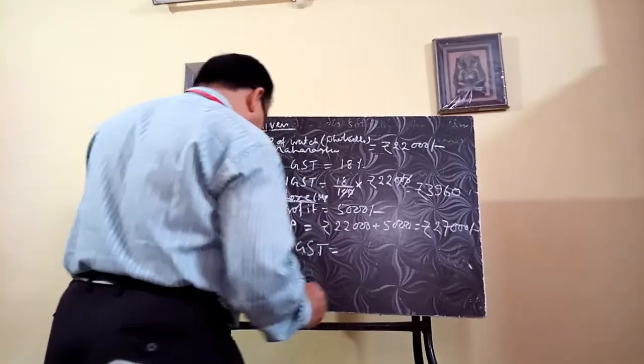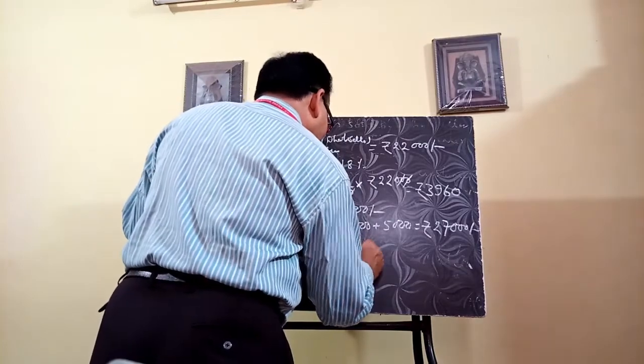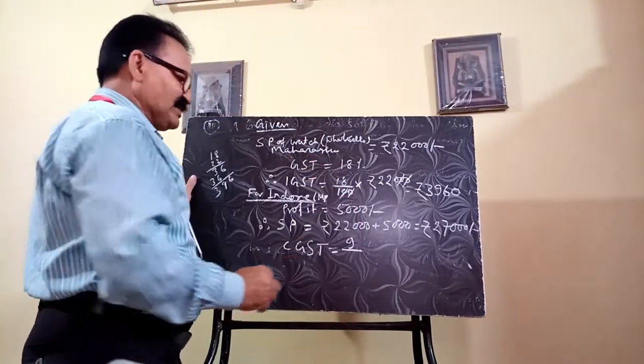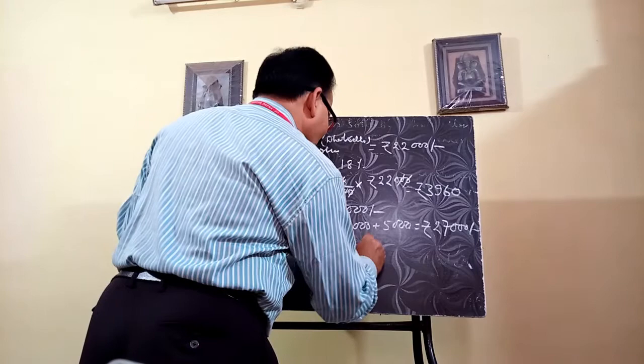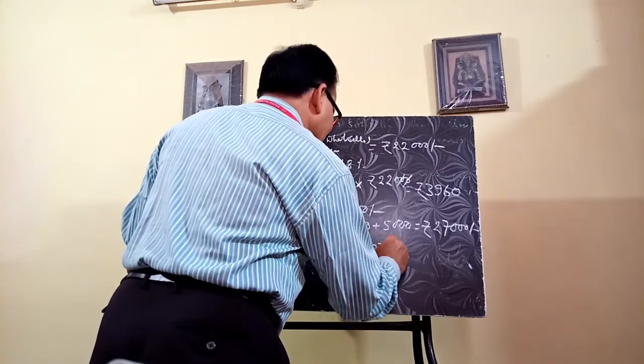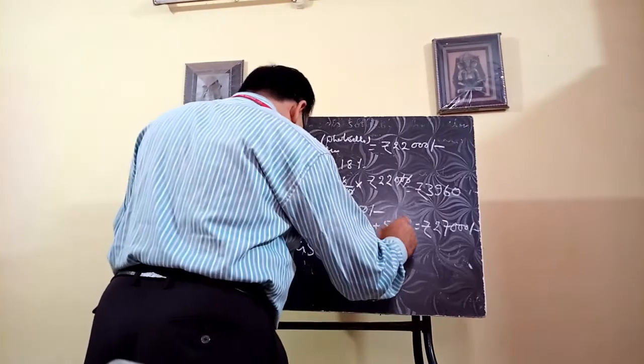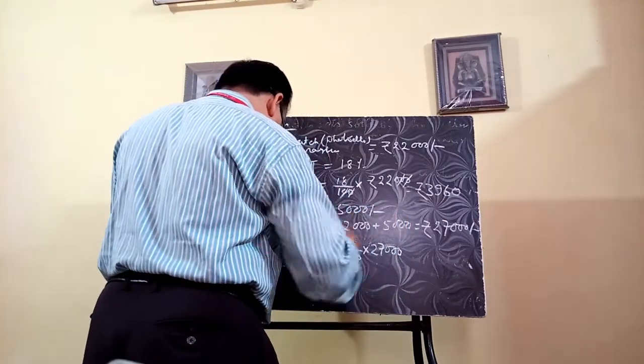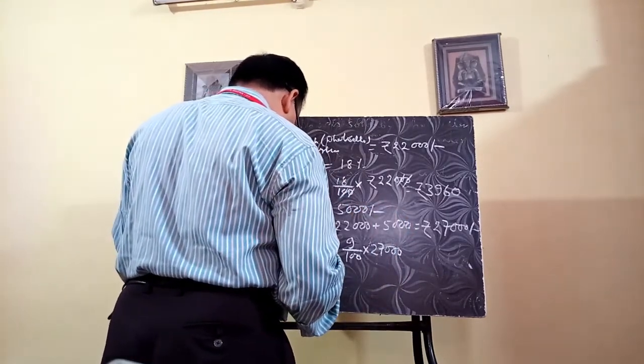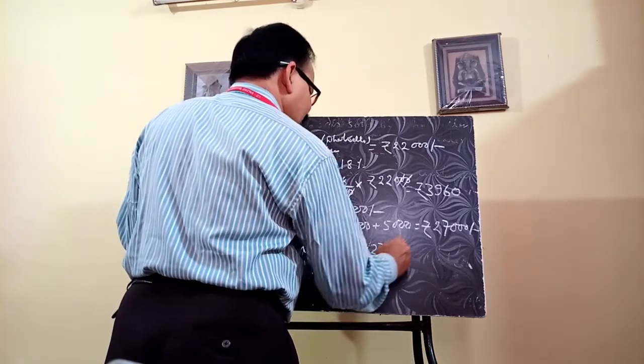is 9%, because total GST is 18%. So 9% of rupees 27,000. 9% of 27,000, you must write it down. After that 0 cancel.